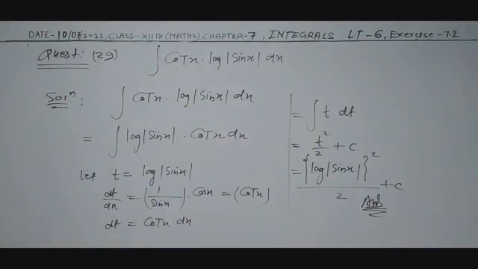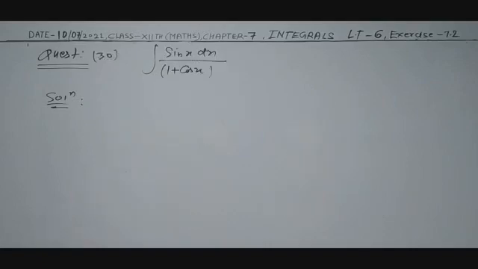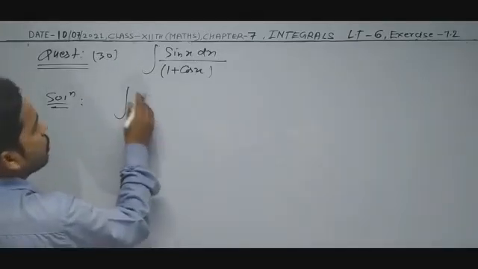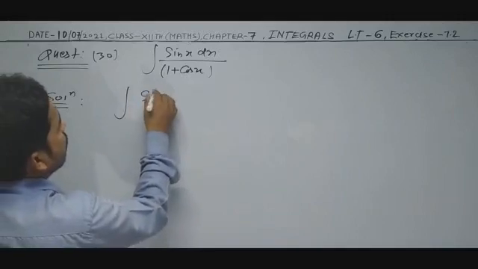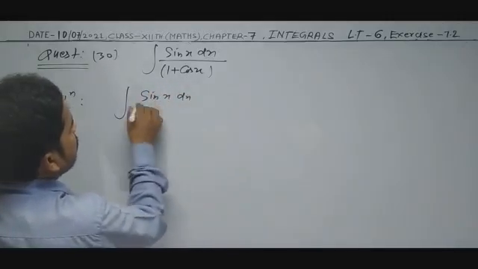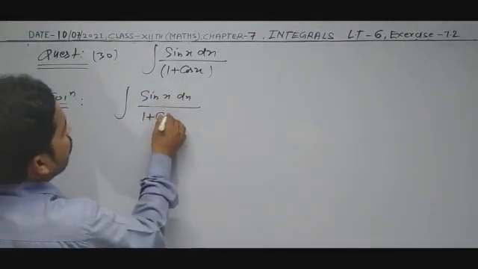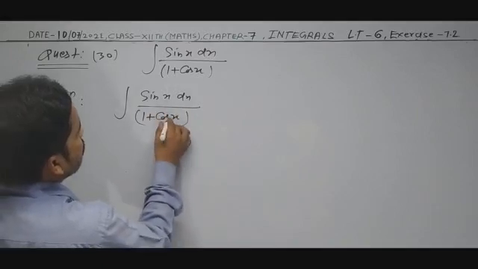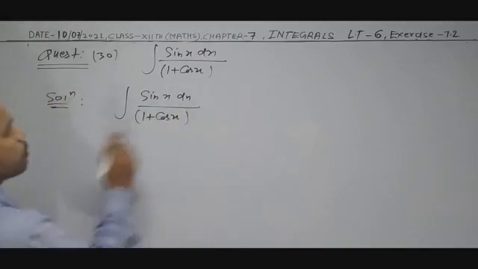Now come to question number 30. Question number 30 is the integration of sin x dx upon 1 plus cos x. So in this question, you can consider 1 plus cos x equal to t.